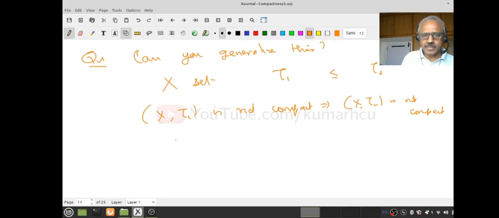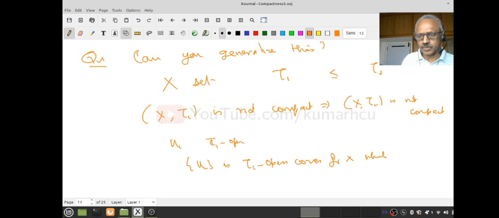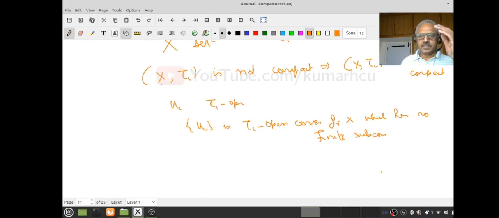Because if this is not compact, there exist U_i which are tau 1 open, so that U_i is a tau 1 open cover for X which has no finite subcover. But remember, since tau 1 is contained in tau 2, U_i is also a tau 2 open cover.